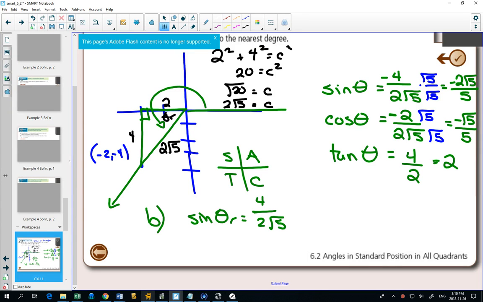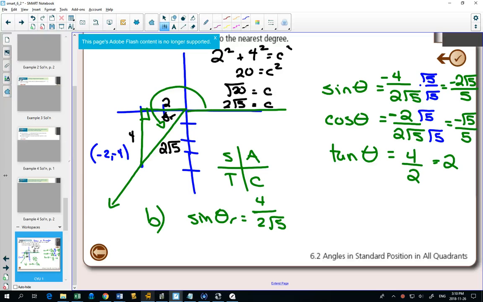When dealing with your reference angle, you always use positive values, because a reference angle is based on grade 10 trig. In grade 10 trig, you never did sine inverse of a negative number, cos inverse of a negative number, or tan inverse of a negative number.